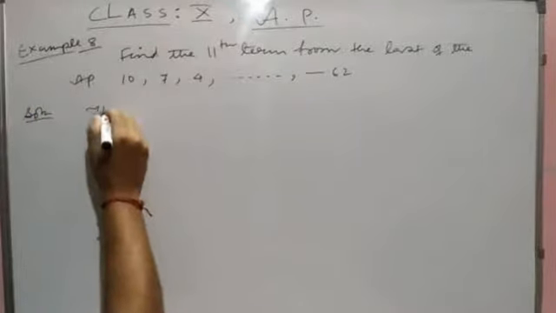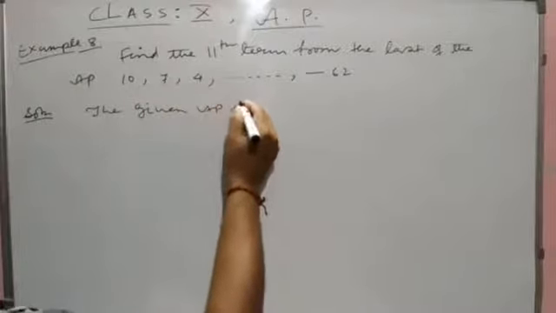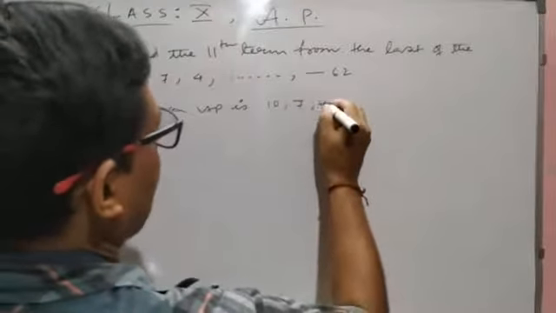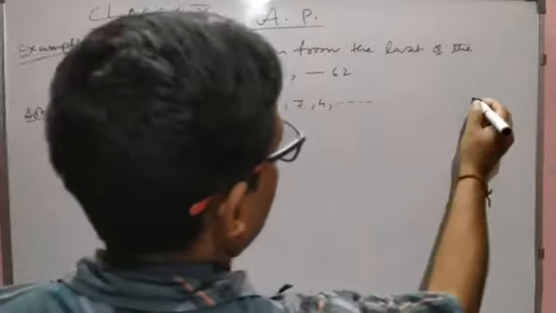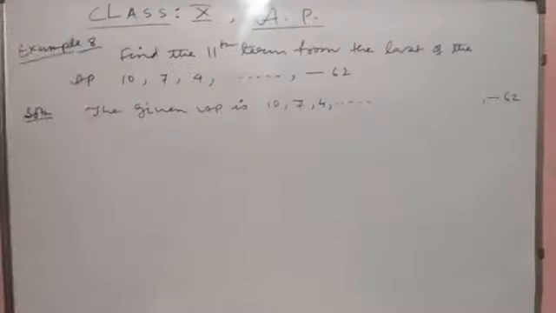The given AP is 10, 7, 4, dot, minus 62. Last term is minus 62.